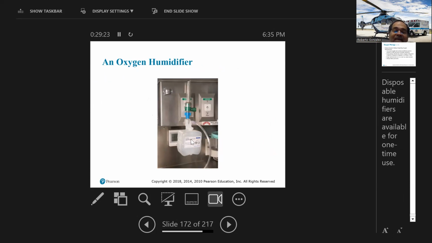Now, the only bad thing when you're using it inside an ambulance is, is the ambulance ever still when you're driving? Because if you're moving all over the place, that water is swirling, and it might go down the tube and into the breathing device. We do keep those in our units.